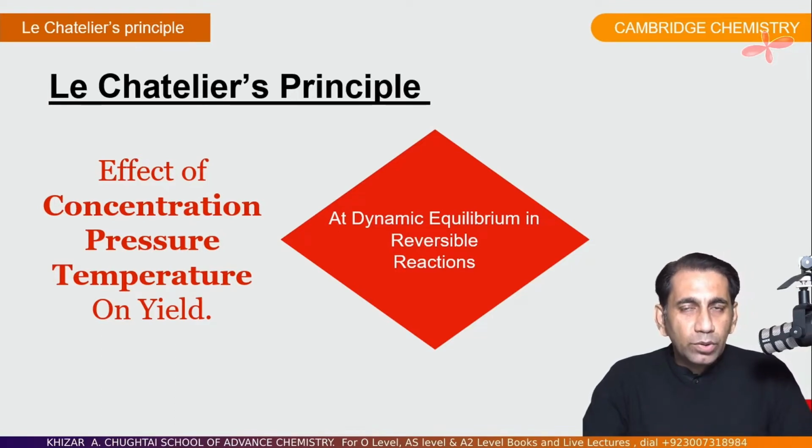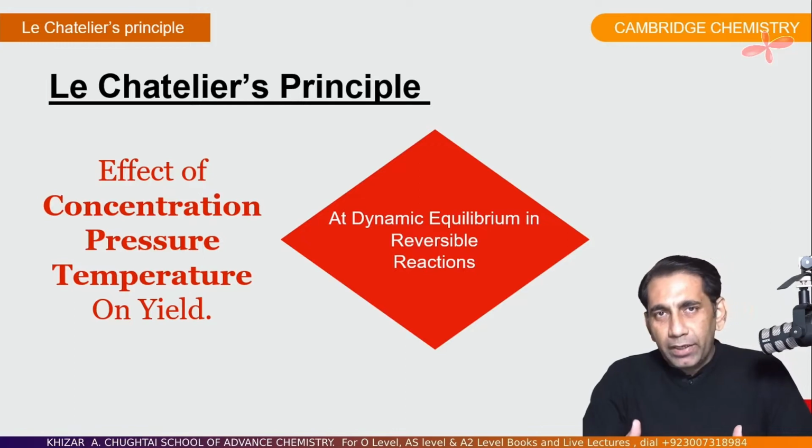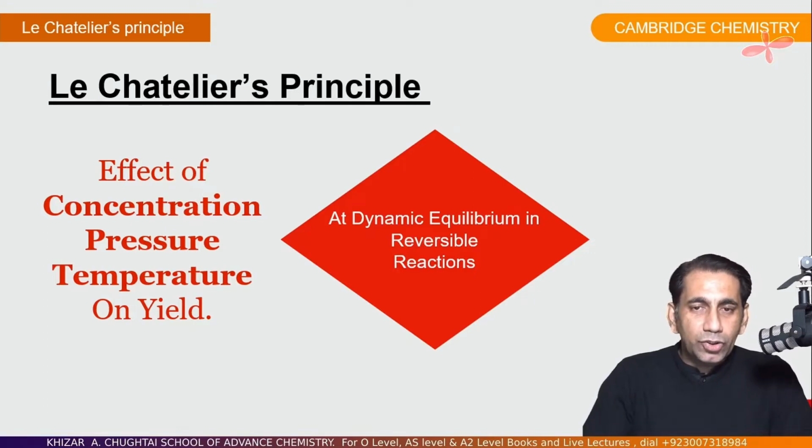During a reversible reaction, we can check the effect of a change in concentration, pressure, and temperature, and we can disturb or shift the position of that dynamic equilibrium. That is explained by Le Chatelier's principle.